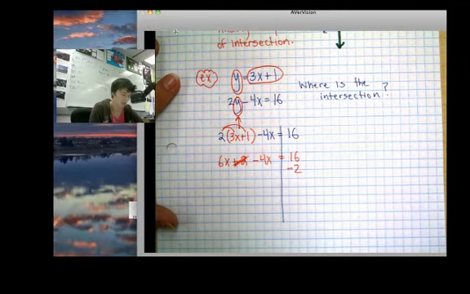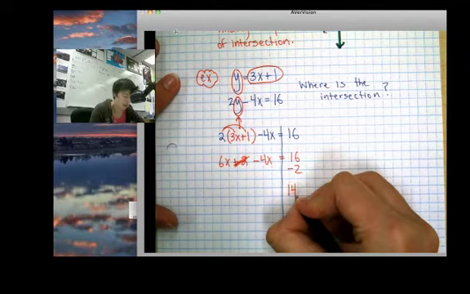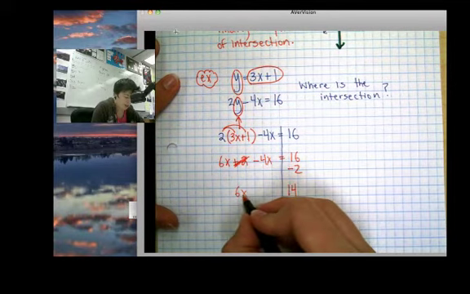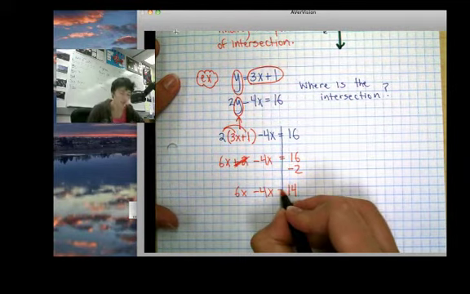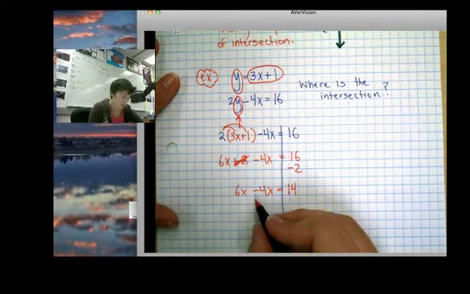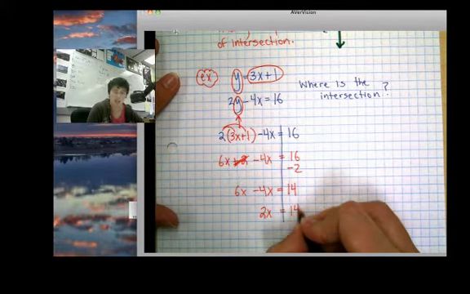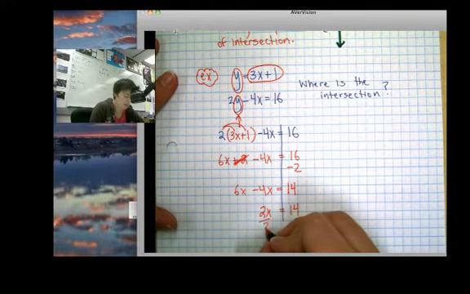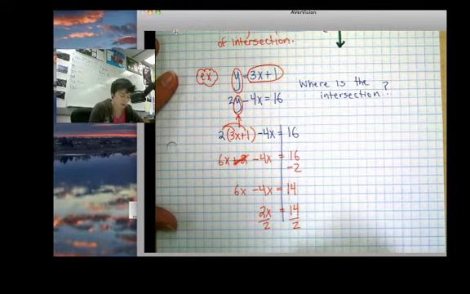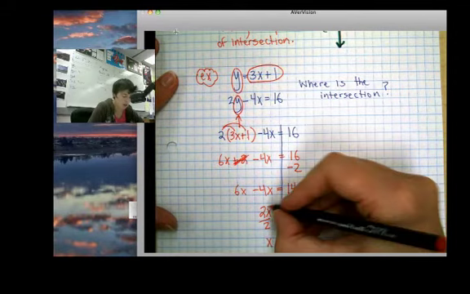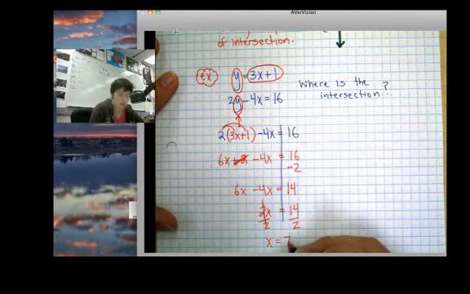So 16 minus 2 is 14. And then I have 6x minus 4x equals 14. 6x's minus 4x's is only 2x's. So 2x's equals 14. And if I split those 2x's up, divide by 2, divide by 2, I get x equals 7.